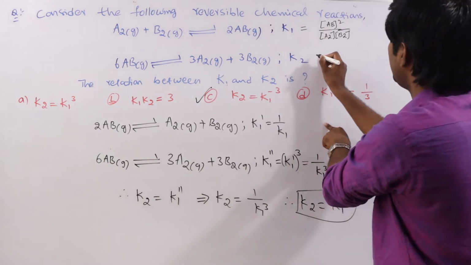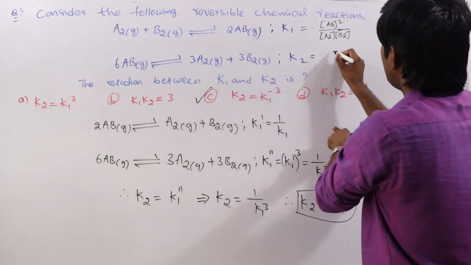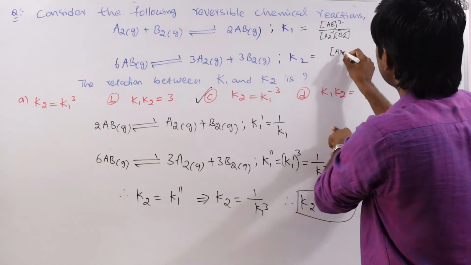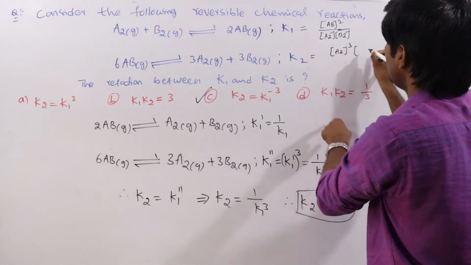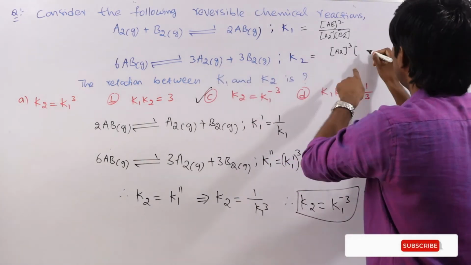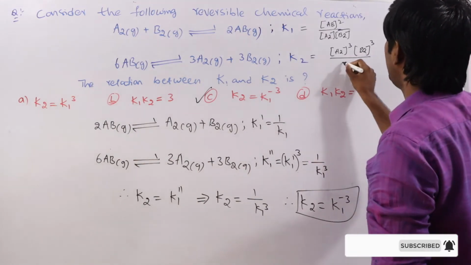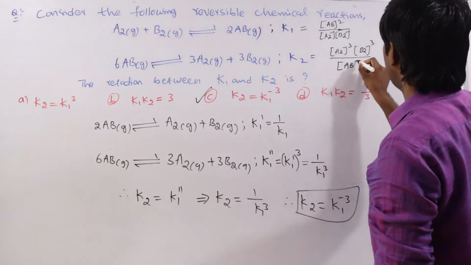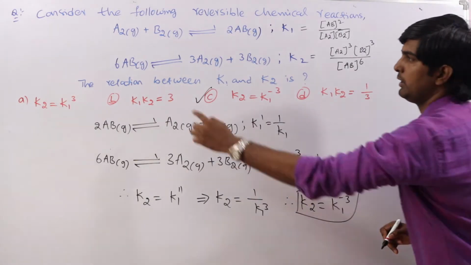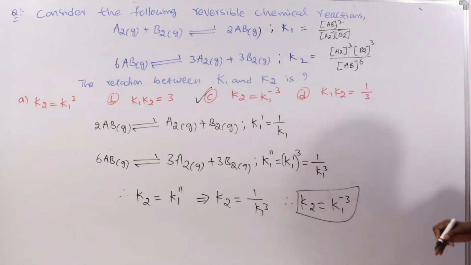And for the second reaction, the equilibrium constant expression is concentration of A2 whole power 3, because there are 3 moles of A2, into concentration of B2 whole power 3, by concentration of AB whole power 6, because here we have 6 moles of AB.